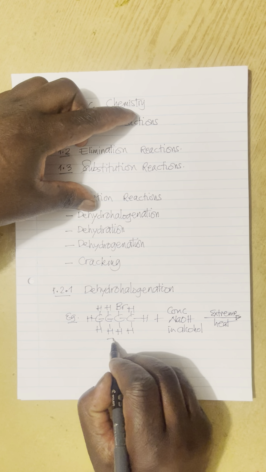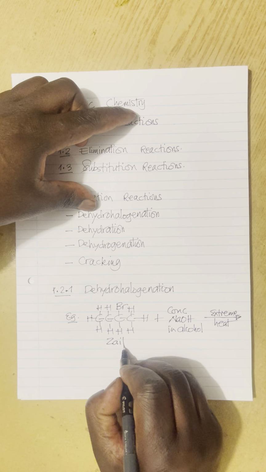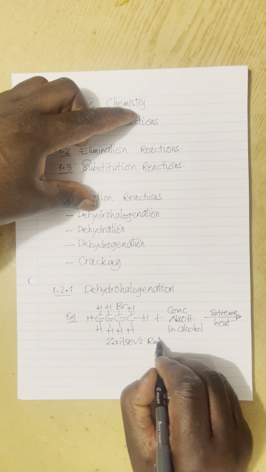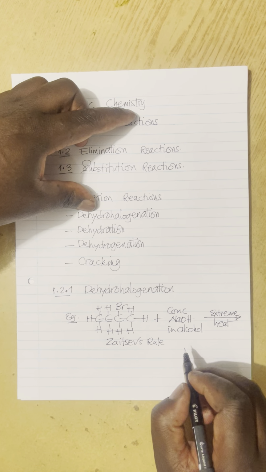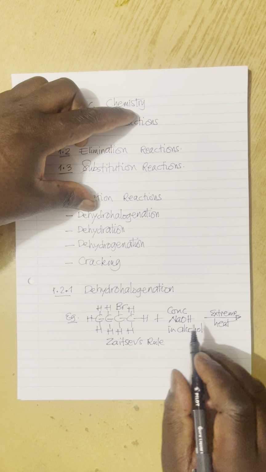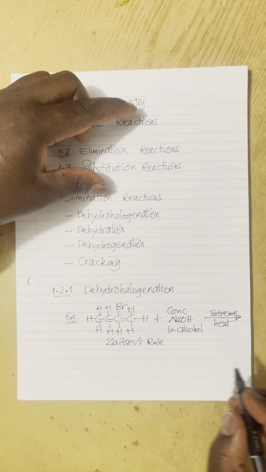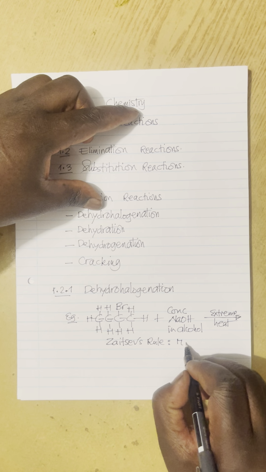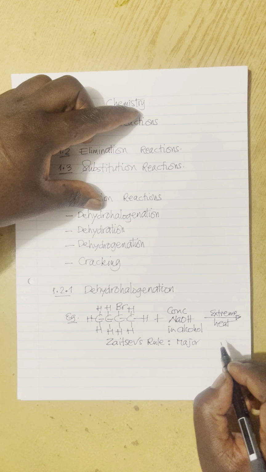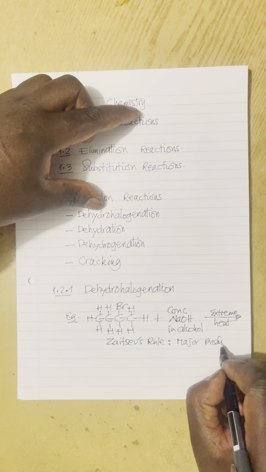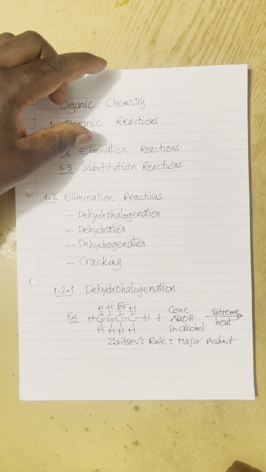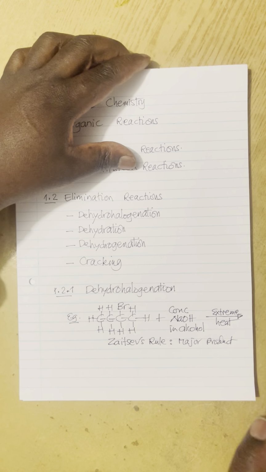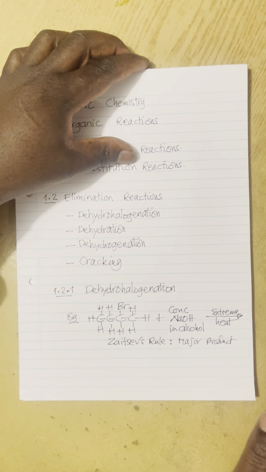It's called Zaitsev's rule, which is applied for a major product. So what does Zaitsev's rule say?